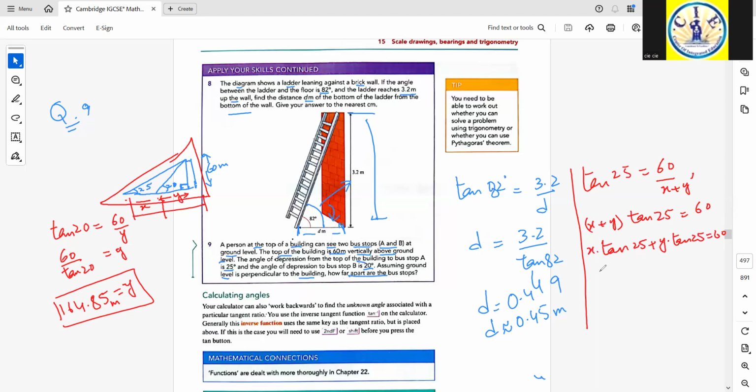So from here, x tangent 25 will be equal to 60 minus y times tangent 25, that is 60 minus the value of y, which was 164.85, times tangent 25. And then with this whole expression, I need to divide by tangent 25.